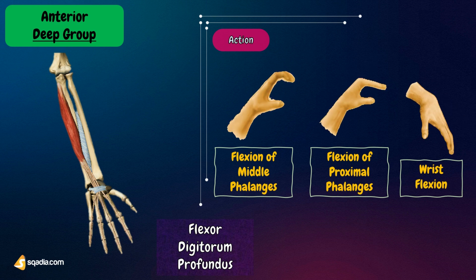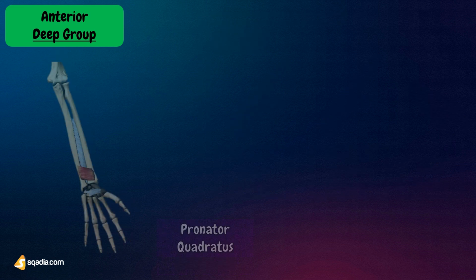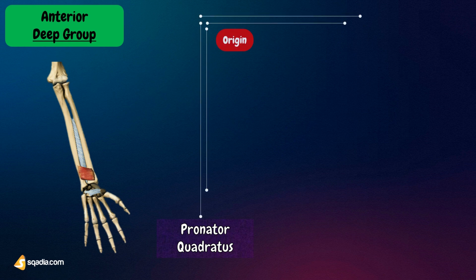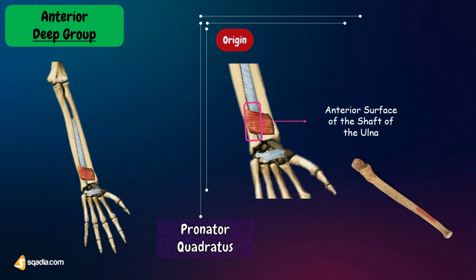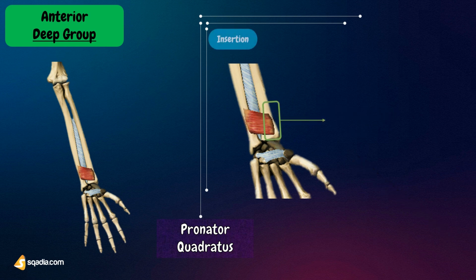The third muscle belonging to the deep group of the anterior compartment of the forearm is the pronator quadratus. This muscle originates from the lower 1/4 of the anterior surface of the shaft of the ulna. It is a small muscle that inserts into the lower 1/4 of the anterior surface of the radius.